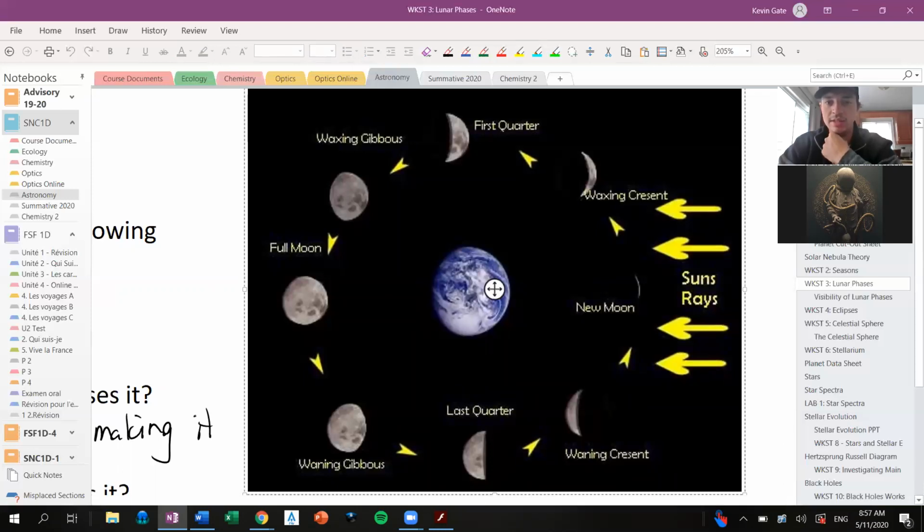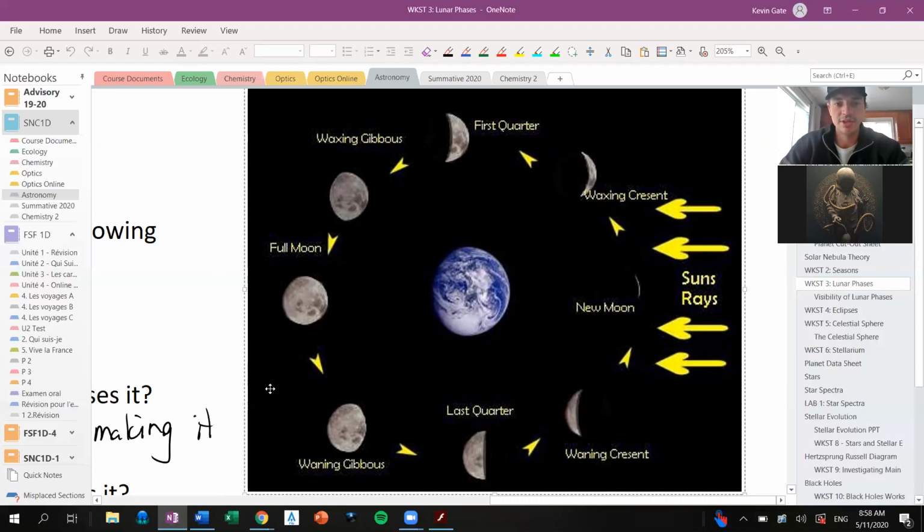At the tiny little sliver, we call those a crescent. Then it gets to about a half full view, and we call that the first quarter. After the first quarter, as it continues to get bigger and bigger, it becomes a waxing gibbous. The waxing gibbous is just about 3/4 size of a full moon. Then halfway through its cycle, we get what's called the full moon. You see it in all of its ominous beauty and full light.